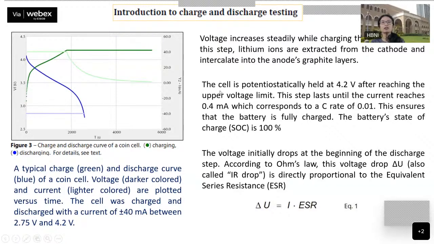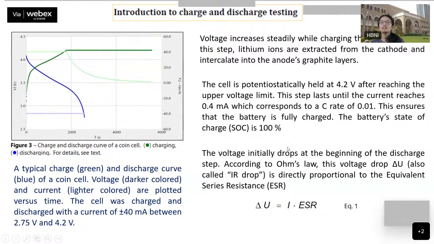So first you are increasing the voltage, holding it at 4.2 volt, allowing the current to drain back to around only 0.4 milliamperes. Then, when this current has drained back and your voltage has been raised, your battery is fully charged.